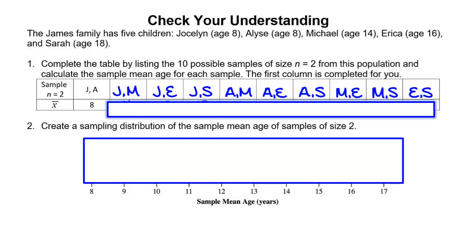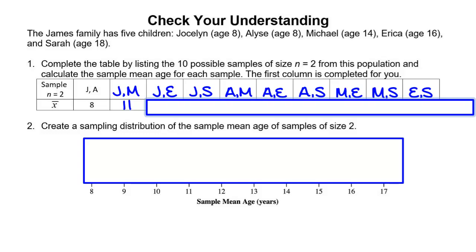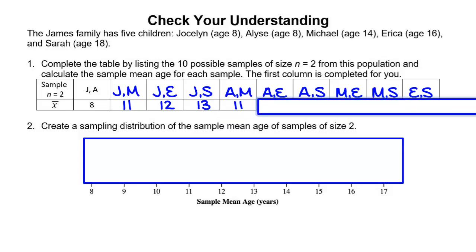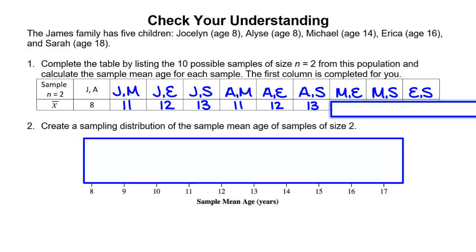What would the average for Jocelyn and Michael be? 11. Jocelyn and Erica, 12. Jocelyn and Sarah. Elise and Michael, 11. Elise and Erica. Elise and Sarah. Michael and Erica. Michael and Sarah.